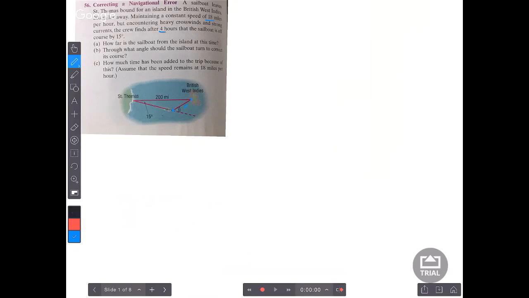So constant speed, 18 miles per hour times 4 hours equals what? 72 miles. And they were 15 degrees off.